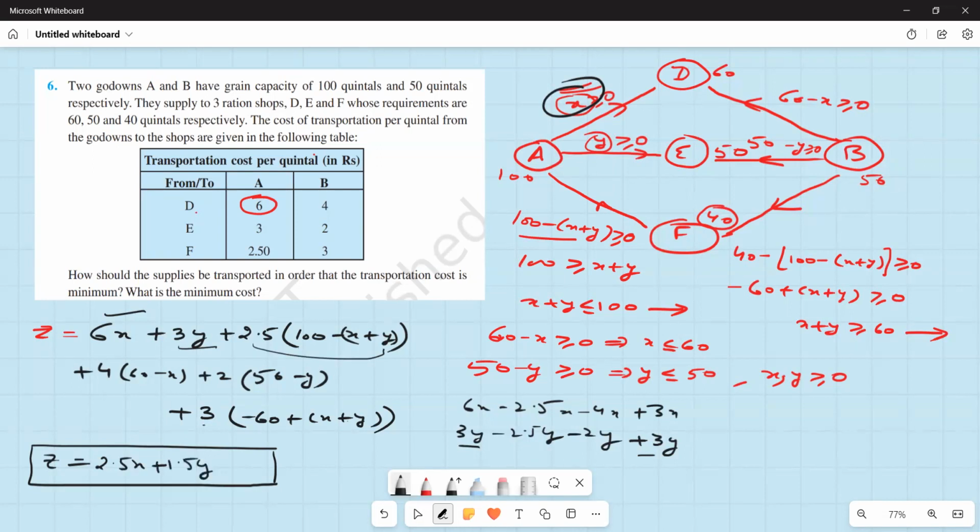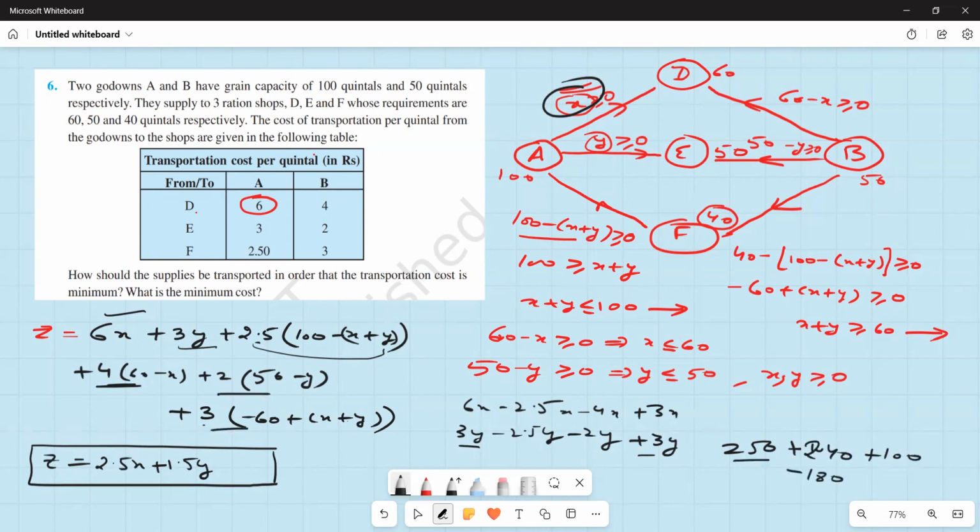Now the constant term. This will get 250, plus 240. 60 into 4 is 240. Then 100, and then minus 180. Right?